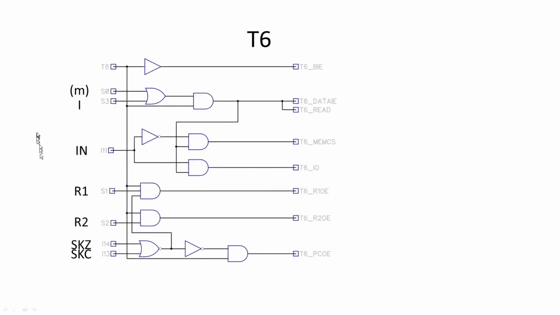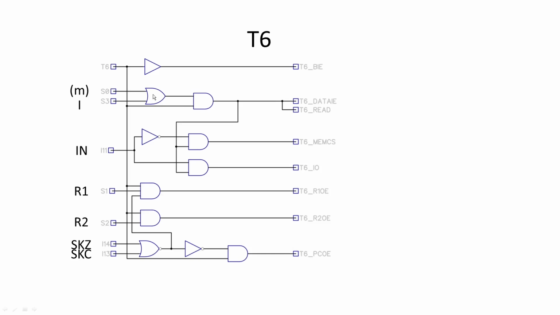Now, if we go to T6, now this one's a bit more complicated. T6 is the loading of the B register, and there's 5 places that can be loaded from. We've got memory direct, as in the memory address register is pointing at the address of where the data is.